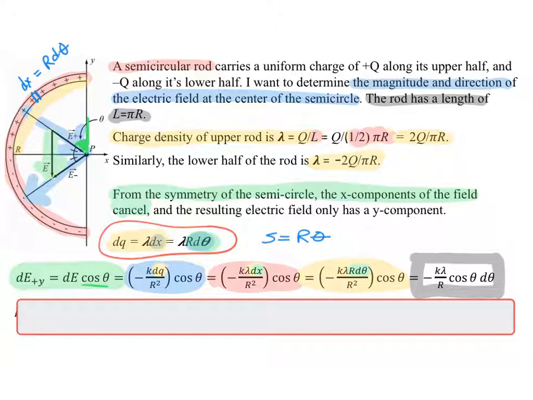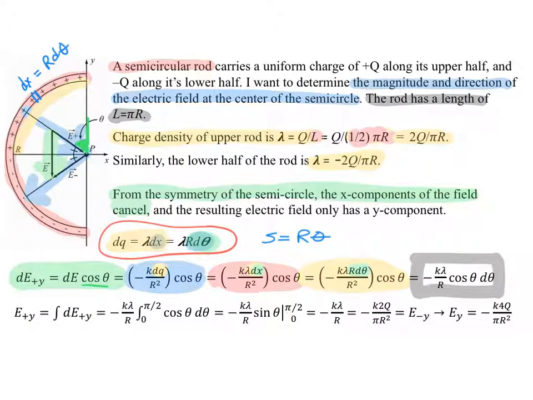So that would be the y part of it, or the plus y part. Well, do you expect much to be different in the minus y part of it? No. So we're going to integrate this first. So why don't you take a minute and scribble that down, and then we'll talk through this.